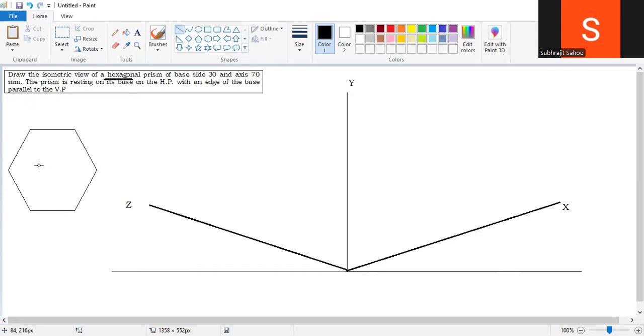Observe, sir. What I will do, I will construct a rectangle here. See, observe, sir. From this point I am extending.